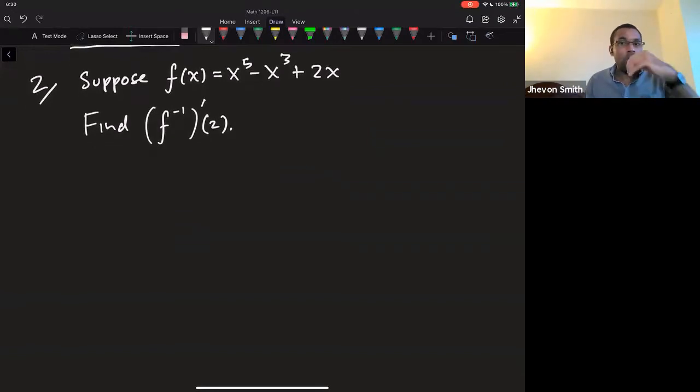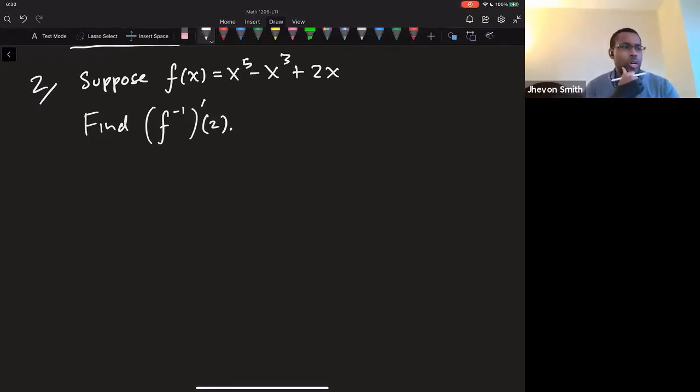Okay, so here's one. You're given a function and you want to find the derivative of f inverse. Now, can we do this? For this particular function, I don't think we would need the formulas that I gave you, but it would be very annoying not to use them.